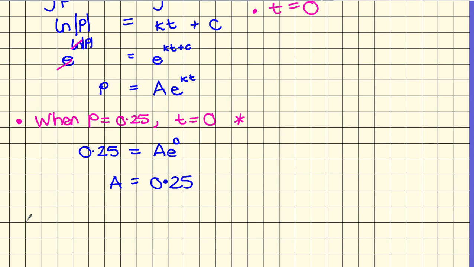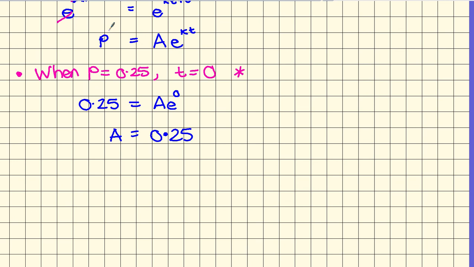So hence we've now worked out what A is going to be. So A is 0.25. Okay, so I'm going to sub that back into the general solution up here. So that's going to give me P equals 0.25 e to the power of kt. So that's now what we call our particular solution.